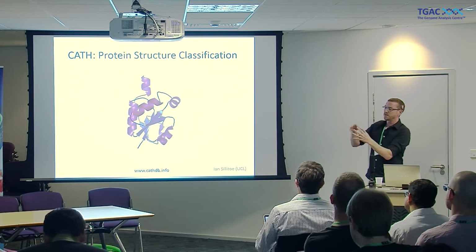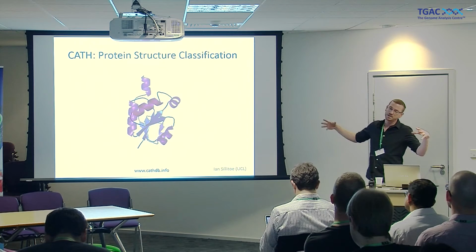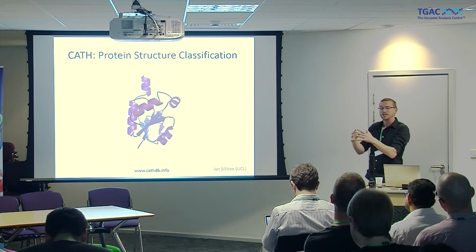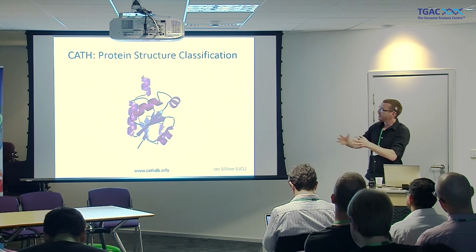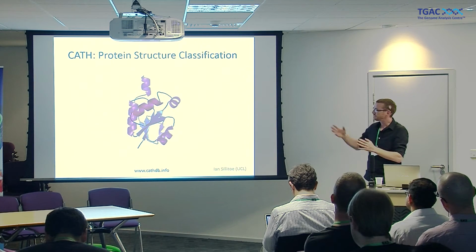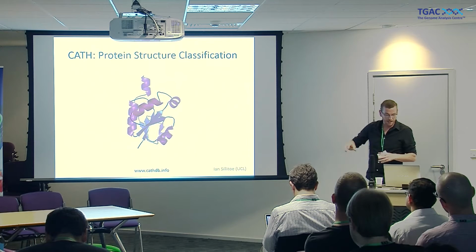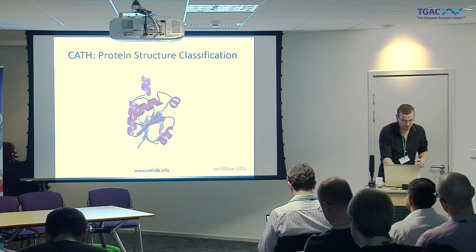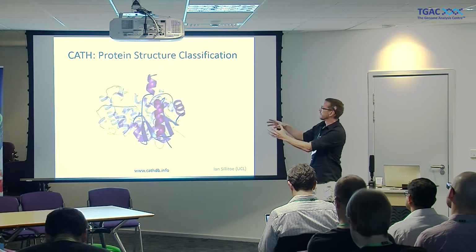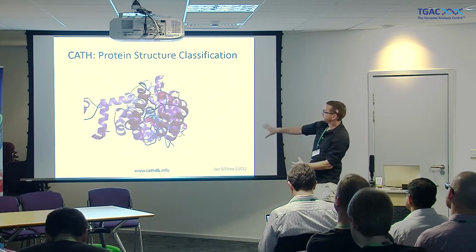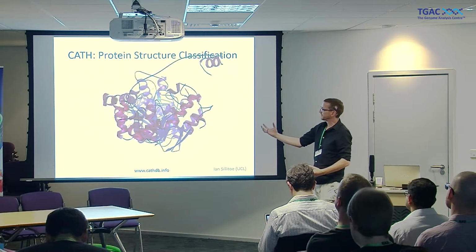With those domains, we then try to take all the protein domains that we think are related by evolution, where there's good evidence that they're related by evolution, and we stick them all into the same superfamily. If I show you this animation, what you're seeing is that lots of different protein domains have a very similar structural core at the centre.